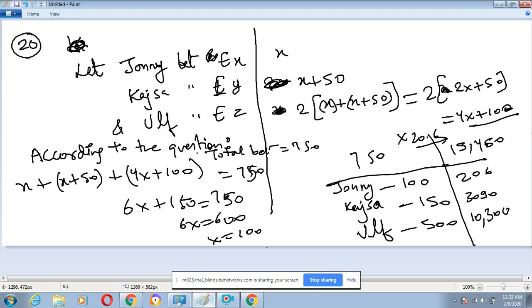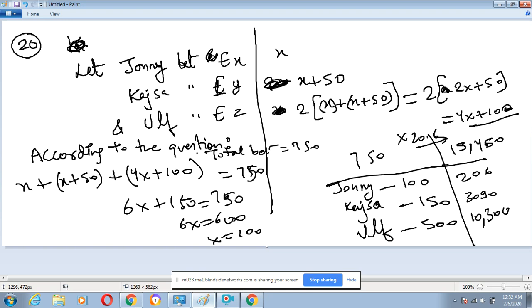If total bet is 750, 6x plus 150 equals 750, so x equals 100.